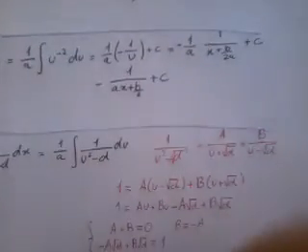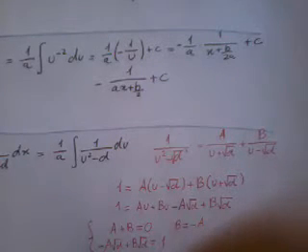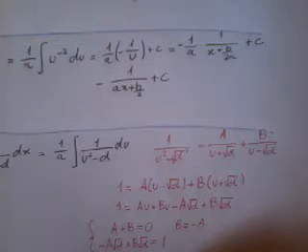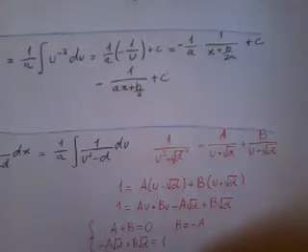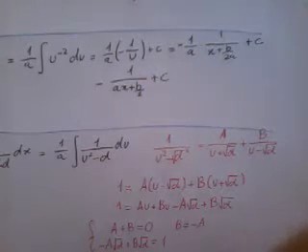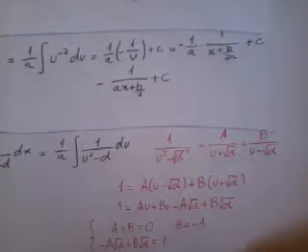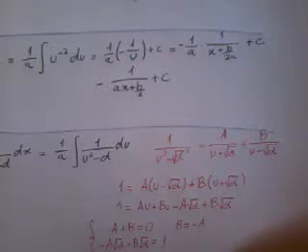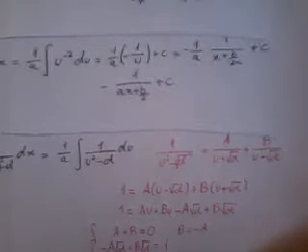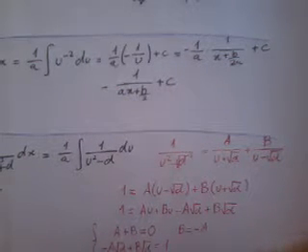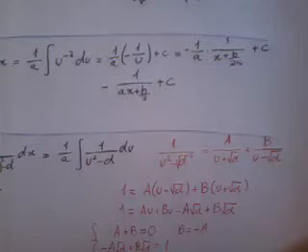We can plug them into the original one and factor this term, 1 over 2 root d. A is negative, so it's just going to be negative 1 over u plus root d plus 1 over u minus root d.